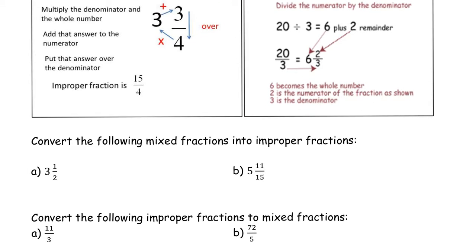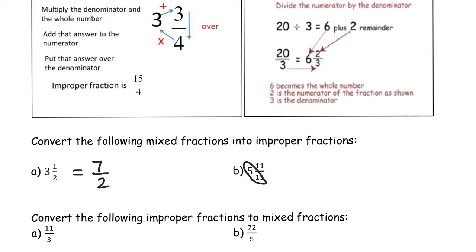So if I do 3 and 1/2, I'm going to multiply. 2 times 3 is 6, plus 1 is 7/2. Okay, if I have 5 and 11/15, so I'm going to multiply 15 times 5, and I'm probably going to need a calculator for that one.